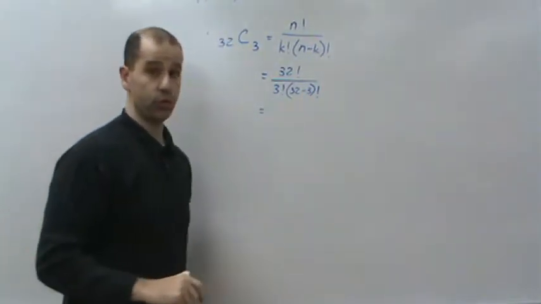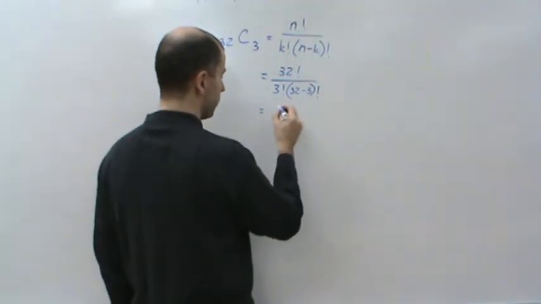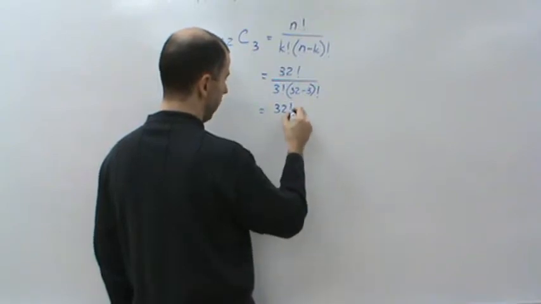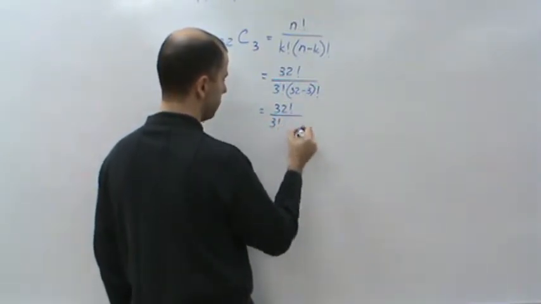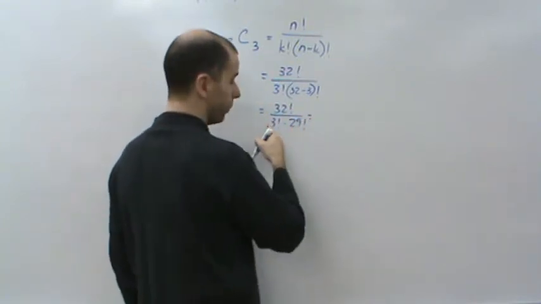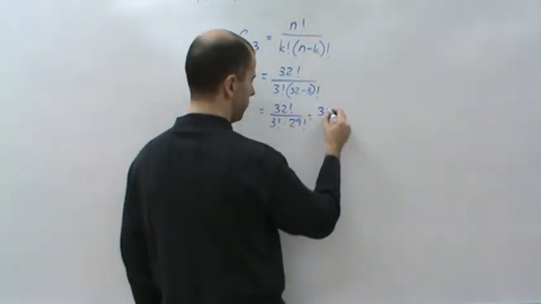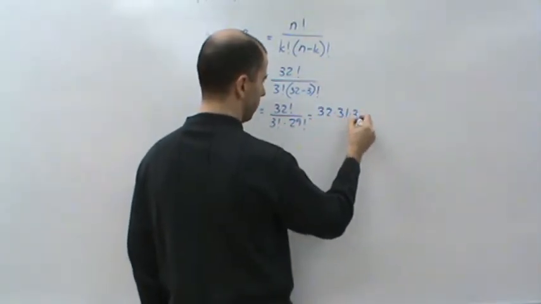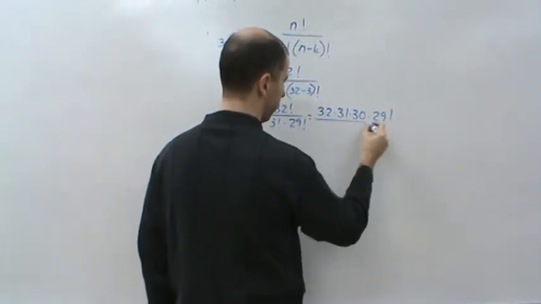Well, now what does this reduce to? Now I'm going to start using my factorials, right? So this is going to be 32 factorial over 3 factorial times 29 factorial. So now I'm going to rewrite the numerator again, just like I did before: 32 times 31 times 30 times 29 factorial.